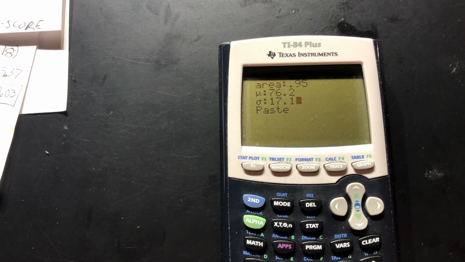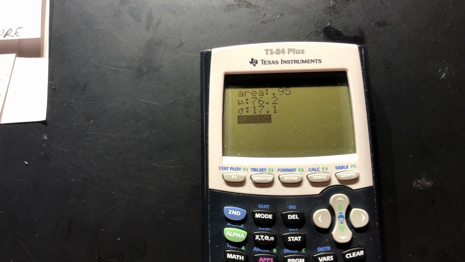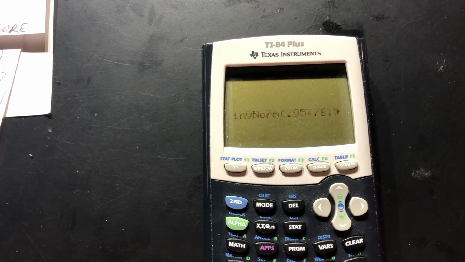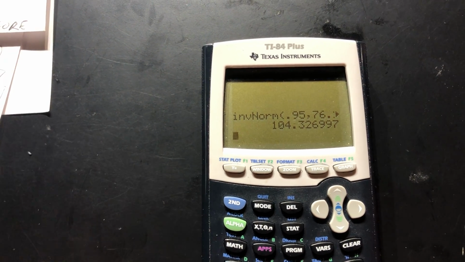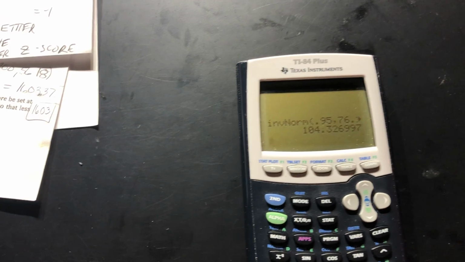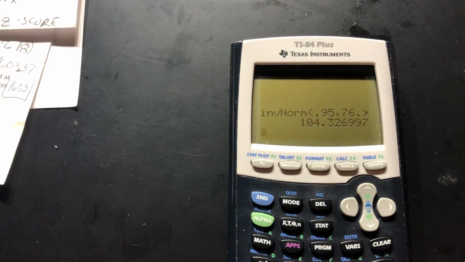Make sure you plugged in everything correctly. And so 104.32, so using the z-score, it would be 104 or 105.